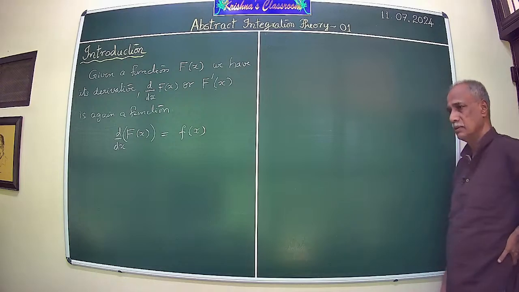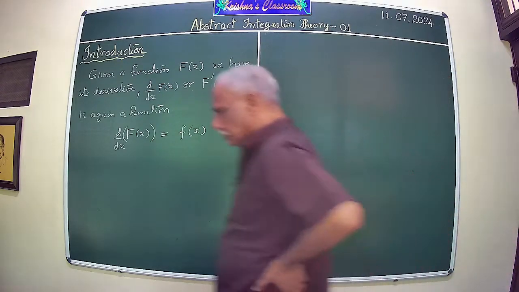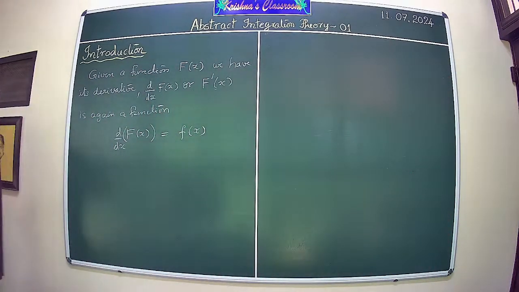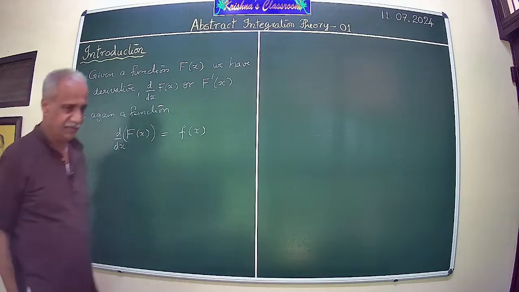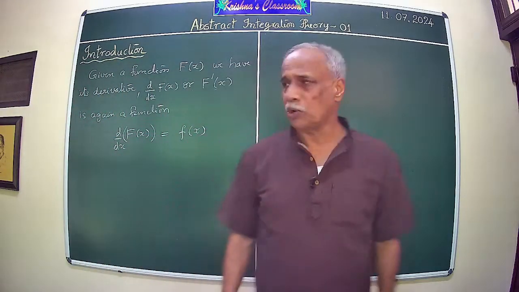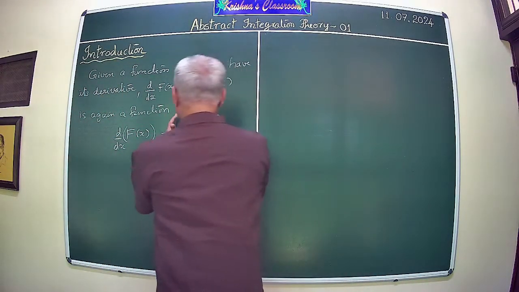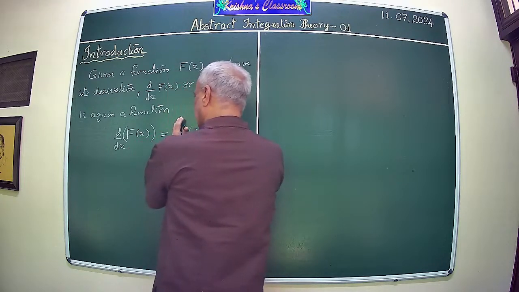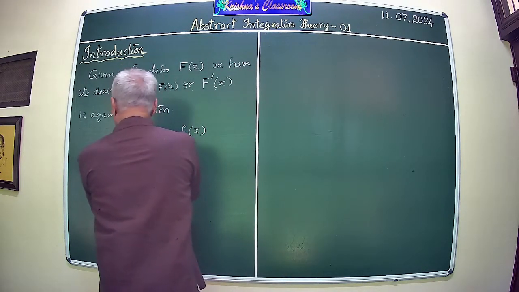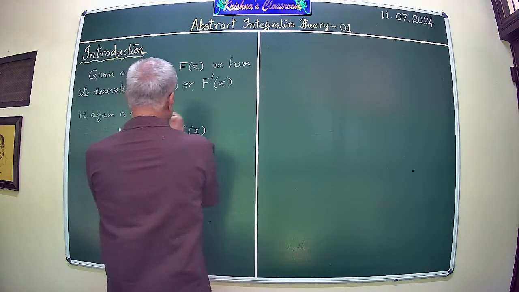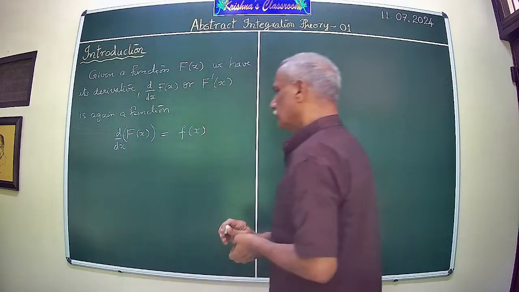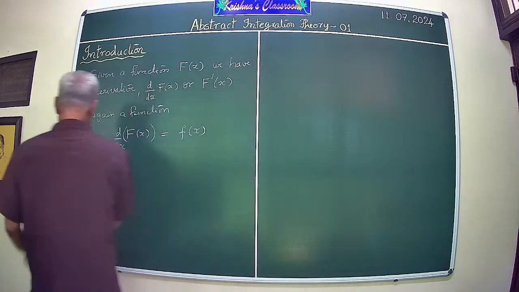Okay. So the question is the inverse question. Given the function, you can compute the derivative. But now suppose a function is given, can you find a function capital F whose derivative is equal to the given function? So the inverse problem.